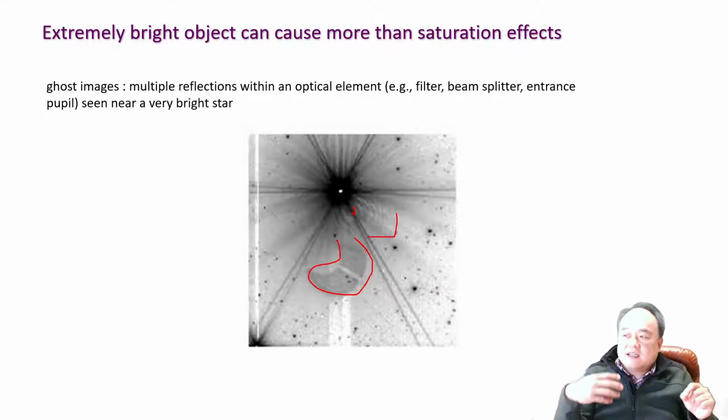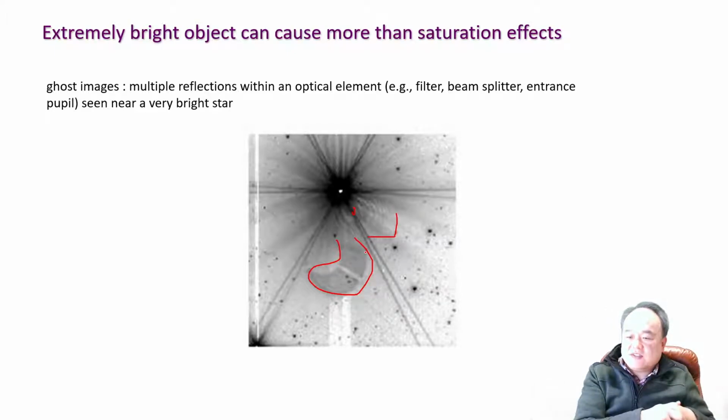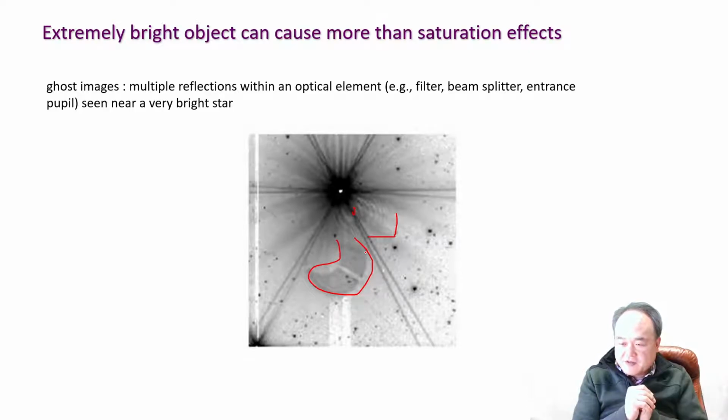So not only is saturation really dreadful for the infrared array when observing a really bright object beyond the saturation limit, these ghost images are also often confusing and affect your science operation.